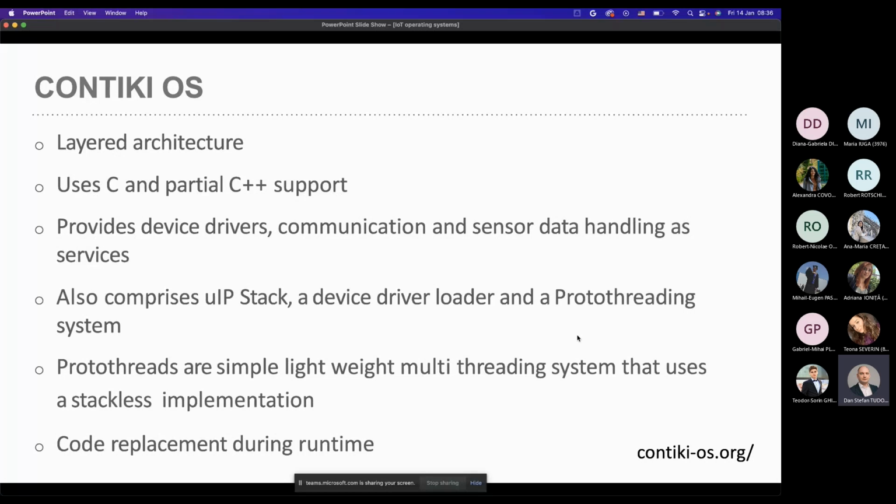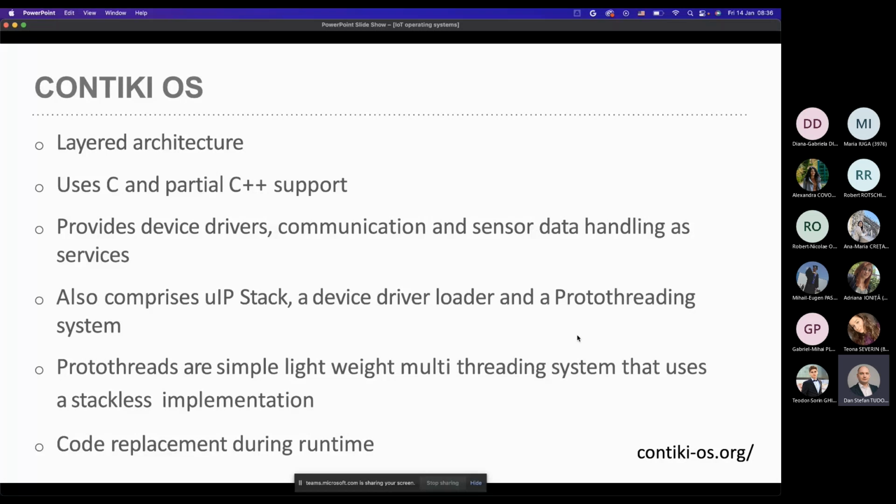It's not a monolithic kernel, but it provides the same abstractions basically. So device drivers, a communication layer, sensor data handling, services, and so on. You can have different timers, for example, processes being declared, threads that run in a pseudo-parallel fashion, and so on.